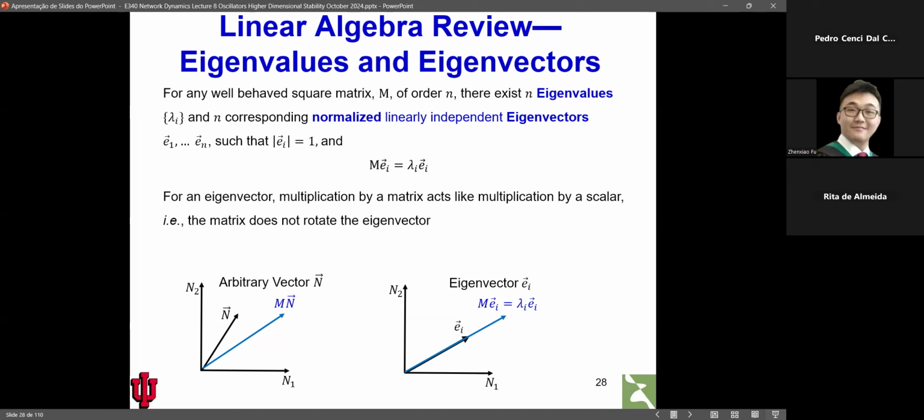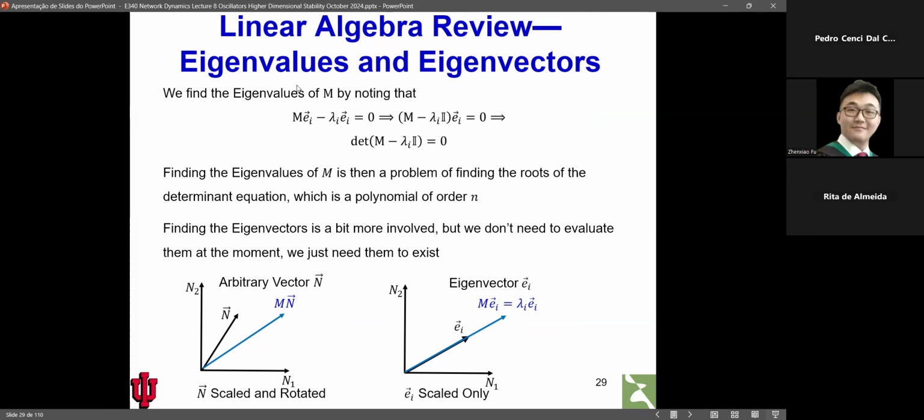So first, I will write epsilon naught as a linear combination of the eigenvectors of the Jacobian in the former equation. So this is an arbitrary vector, which would be epsilon naught, and this is what's going to happen to each one of the components of epsilon naught. And that will make things much easier.